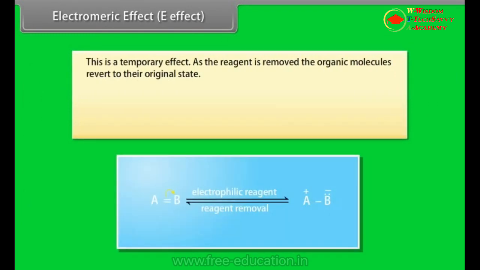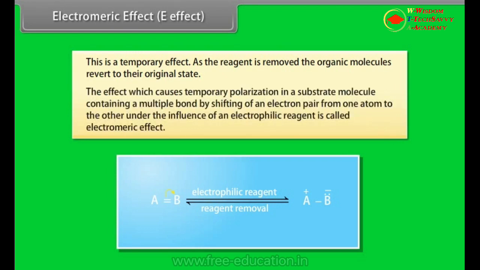This is a temporary effect. As the reagent is removed, the organic molecule reverts to its original state. The effect which causes temporary polarization in a substrate molecule containing a multiple bond by shifting of an electron pair from one atom to the other under the influence of an electrophilic reagent is called electromeric effect.